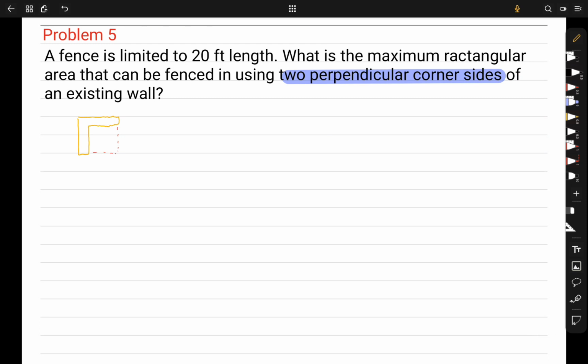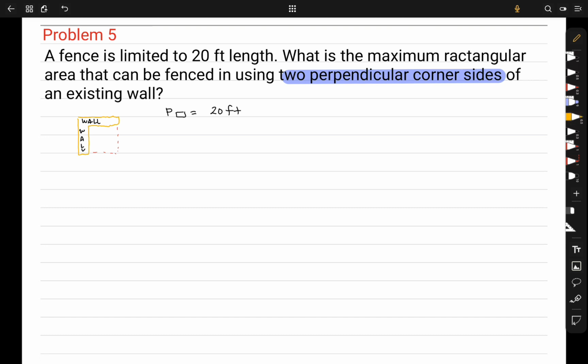So, this is our wall. There, the existing wall. Then, our fencing is limited to 20 feet. So, our perimeter is equal to only 20 feet. So, since we have an existing wall, we label our variables as x and y.